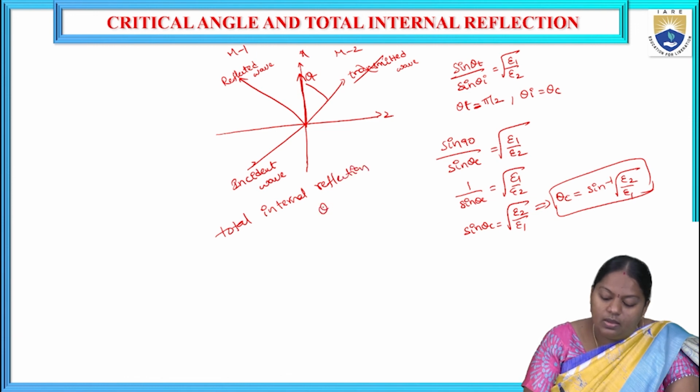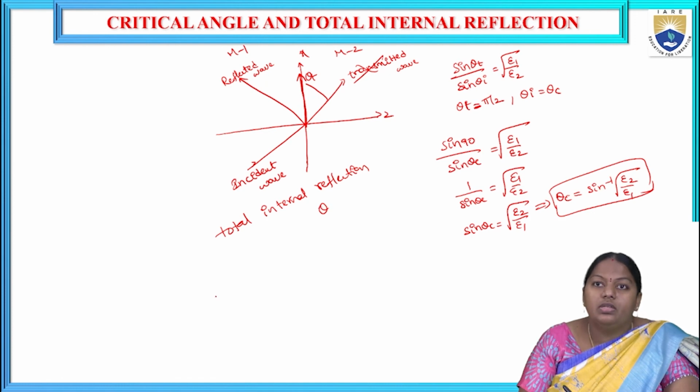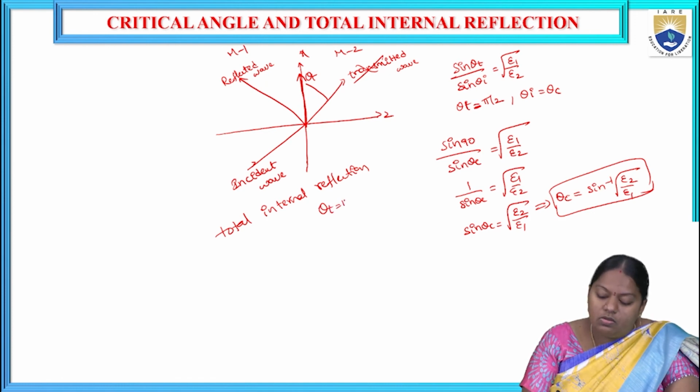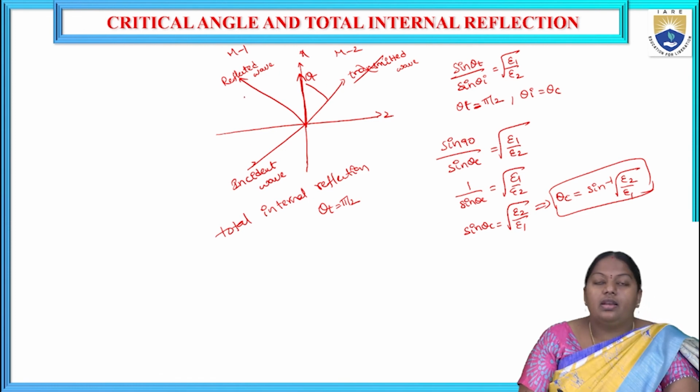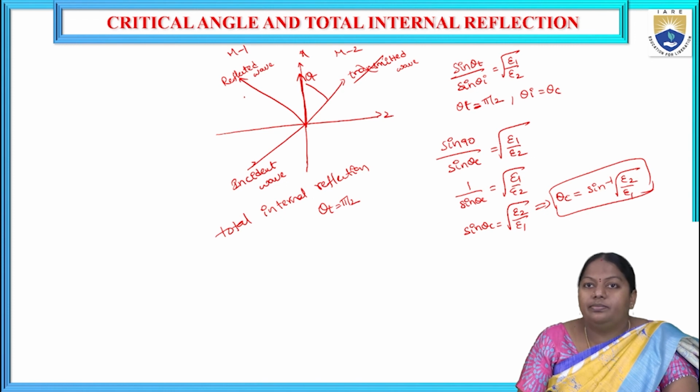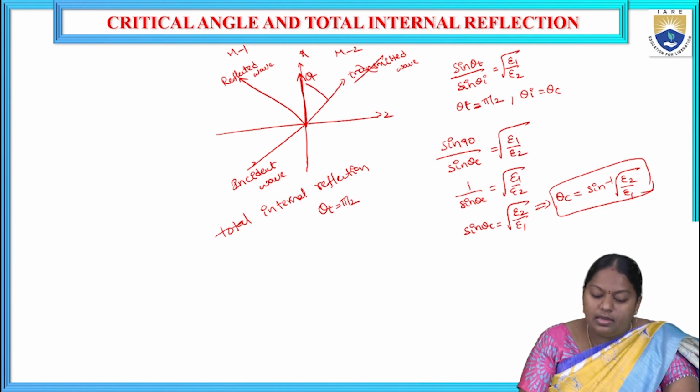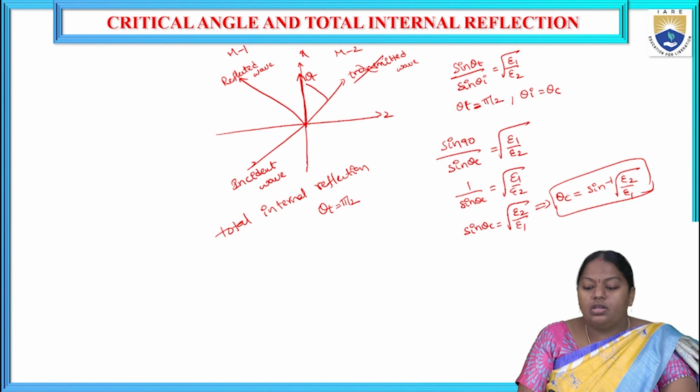Total internal reflection means there is no transmitted wave which is aligned in the medium 2. So when theta t equal to pi by 2, this will be aligned exactly on the x-axis. If you still increase the value of the incident angle in the more denser medium, the entire incident wave is again reflected back to the same medium. Critical angle and total internal reflection we have discussed.